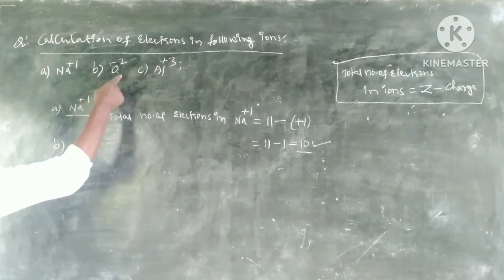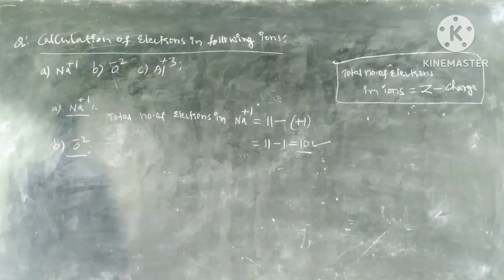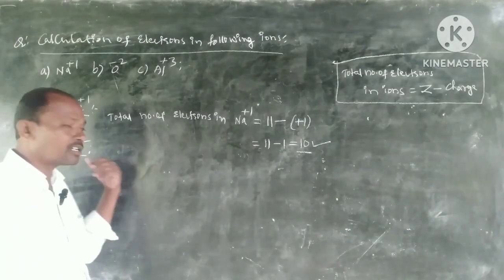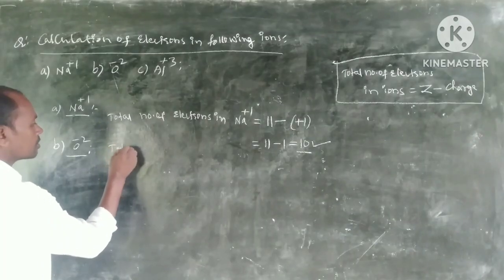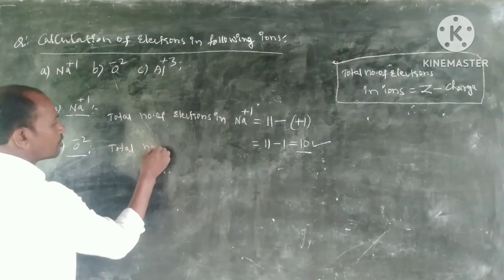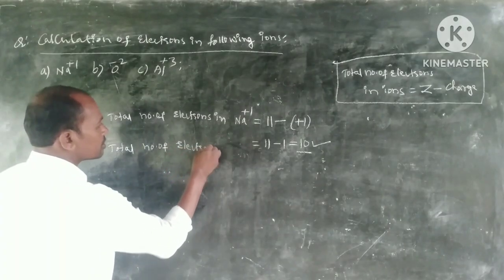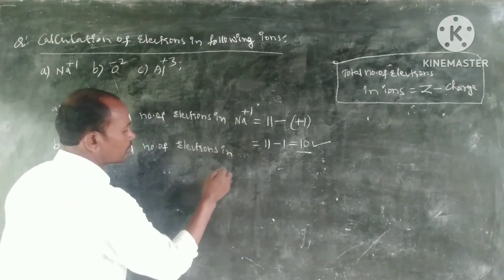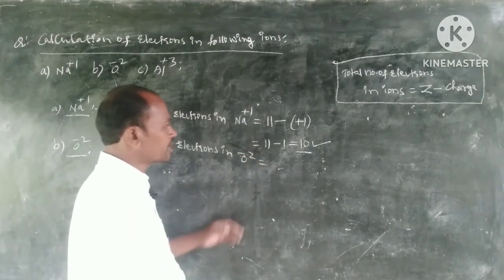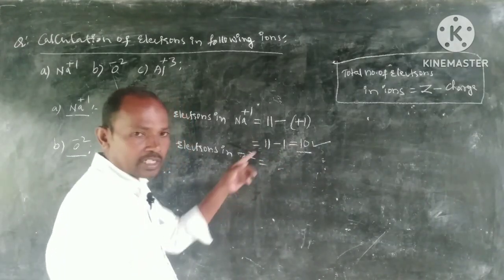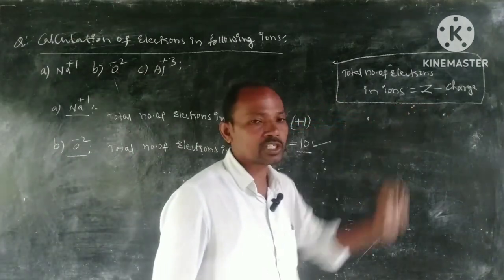Na plus 1 completed. Next, O minus 2. Total number of electrons present in O minus 2 is equal to the atomic number of oxygen, according to our principle, atomic number minus charge.